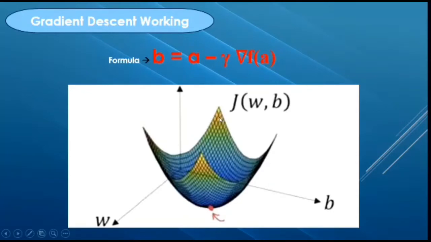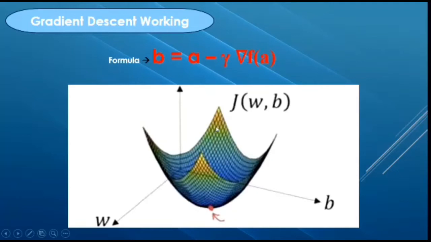Let's say we start from somewhere over here with random values of W and B, and let's say that's a ball and it keeps on rolling to the bottom of the curve. The gradient descent algorithm should make sure that it reaches the bottom of the curve in the fastest manner and in the right direction possible. Let me repeat it again. We have random values of weights and bias, and the task of gradient descent is to find the optimum values of weights and bias by reducing the error.